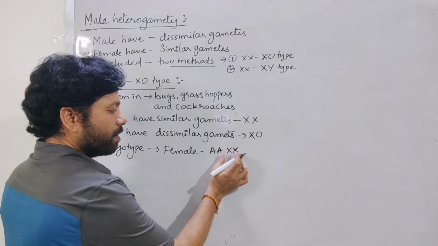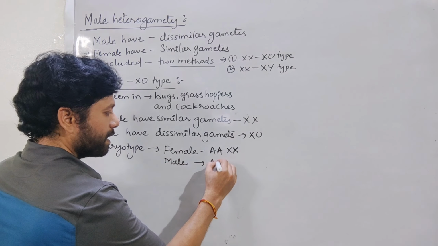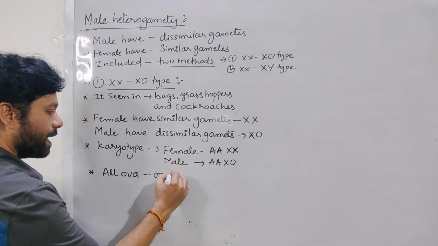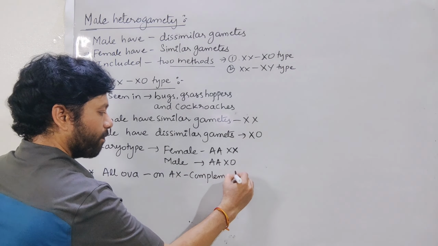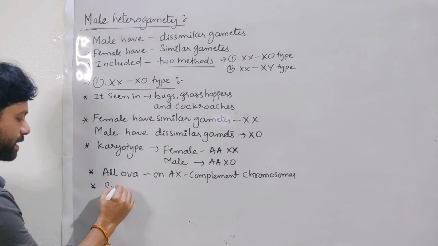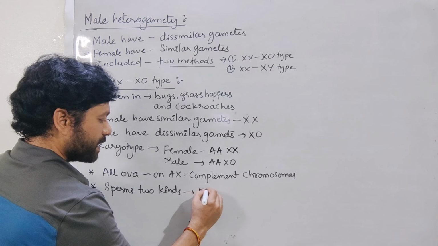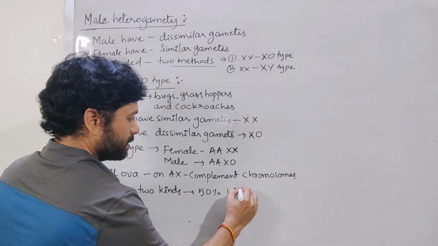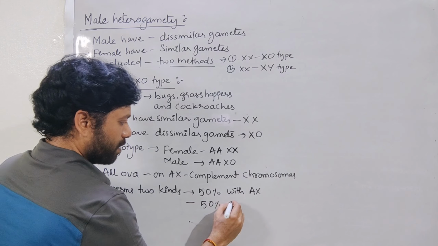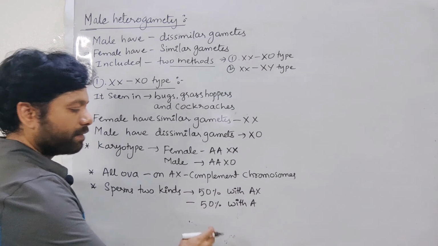All the remaining chromosomes are autosomes. The male is AAXO. So sperms are of two kinds: 50% with the AX complement, and the remaining 50% with the A complement, with no X chromosome.